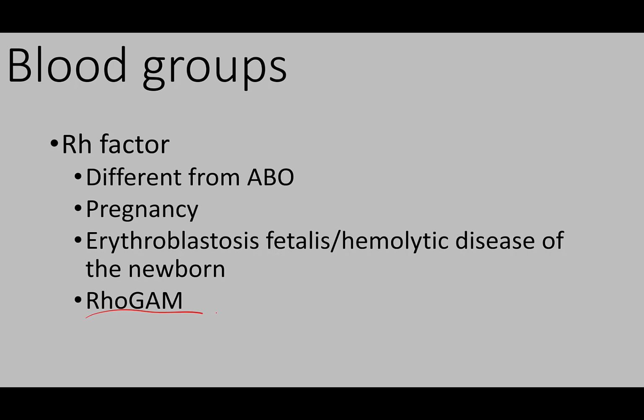Now, even though we say it is only for an Rh negative mother who has previously given birth to an Rh positive baby, there's a little bit more to it than that. If you are an Rh negative mother, you are going to be given RhoGAM, regardless if you have given birth or not. So this is why it's so important for pregnant mothers to get those early exams.